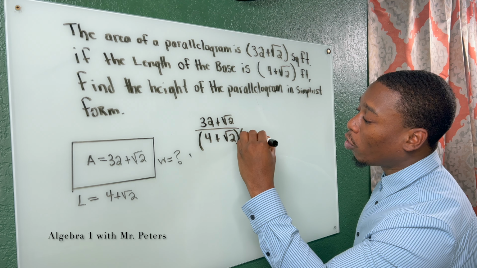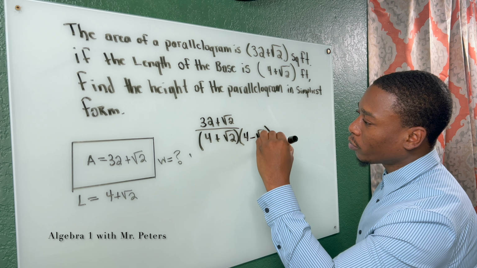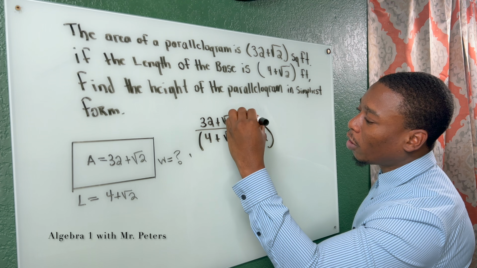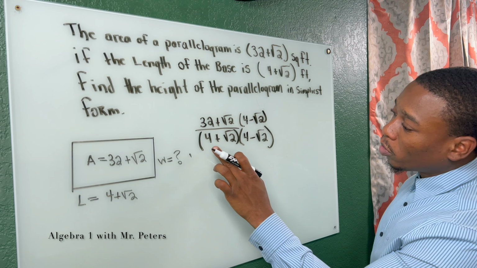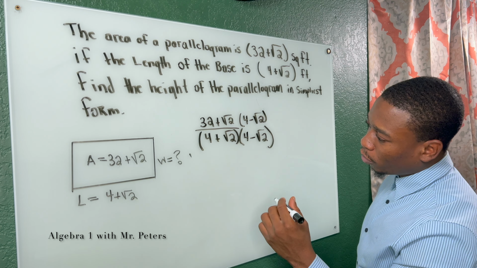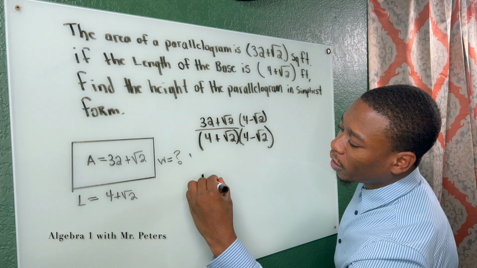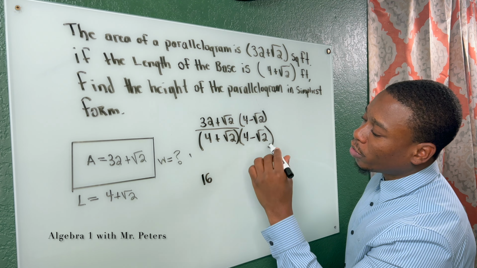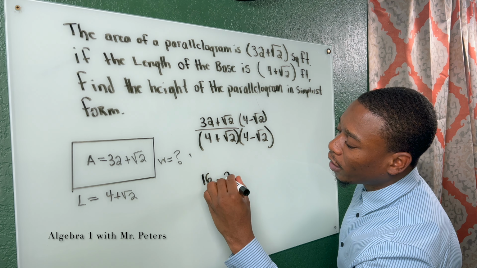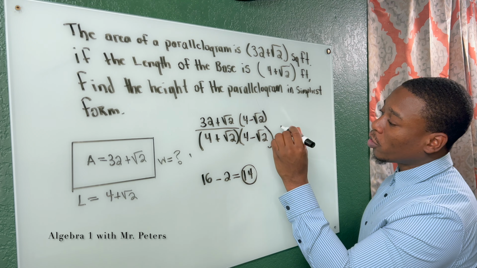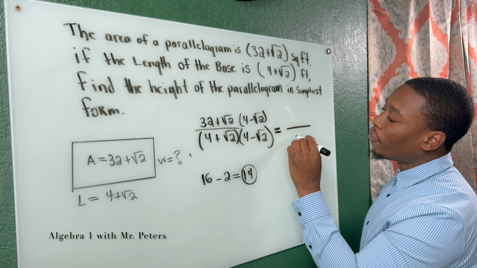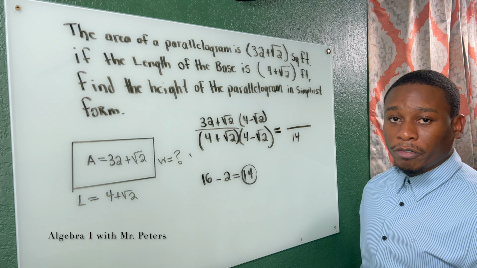So we're going to have 4 minus radical 2. We're going to do the same thing to the numerator, multiply by the same conjugate. Now once I multiply 4 times 4, let's put it down here, it gives me 16. Radical 2 times radical 2, we're going to subtract 2 to give us a final answer of 14 on the bottom. So now that we simplify, we know we have 14 on the bottom of our fraction.